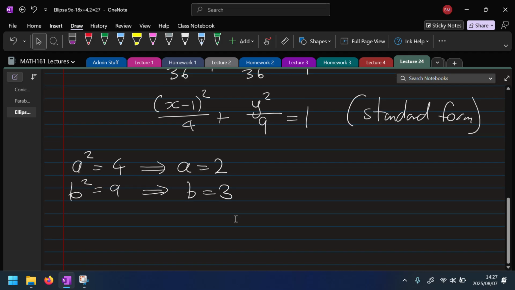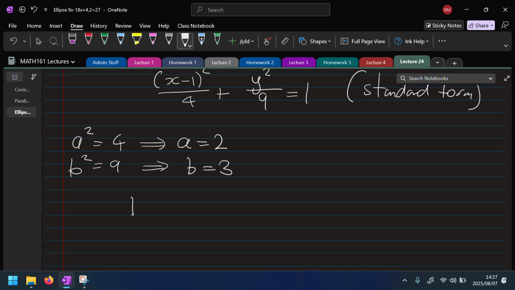All right, so we've got a and b. We're missing c. Remember, those were the 3 things we needed. So how do we find c? Well, we know for the ellipse, b squared is a squared minus c squared, and we can use that to find the missing value. So b squared was 9, a squared was 4, and c squared we don't know.